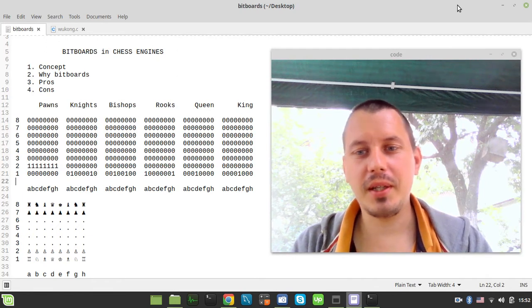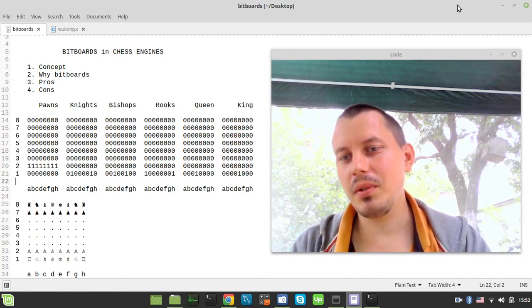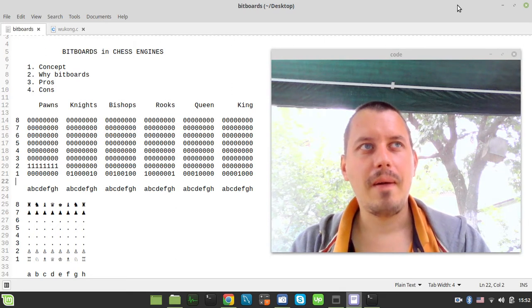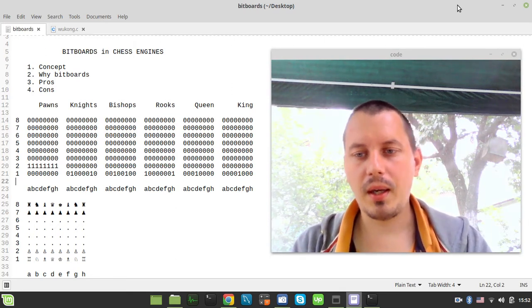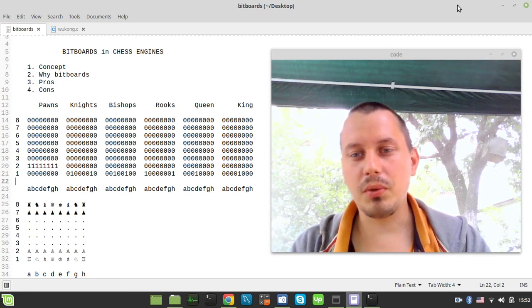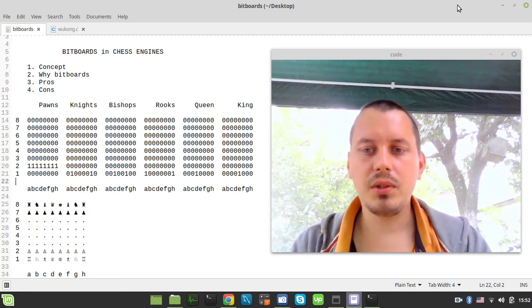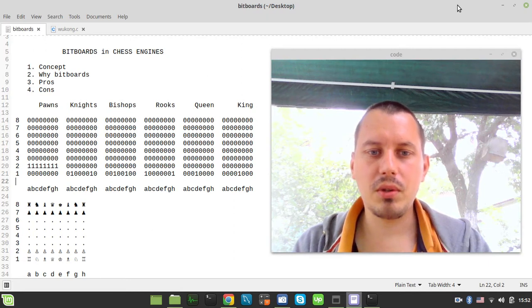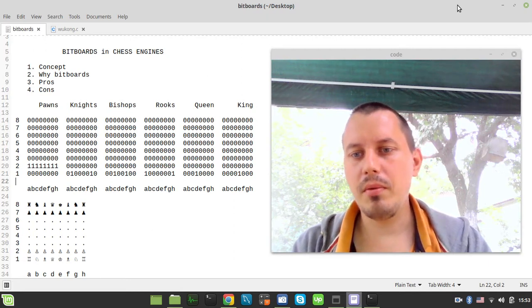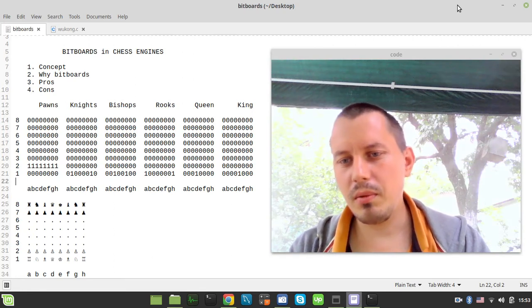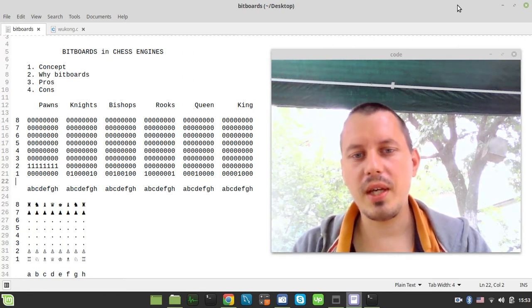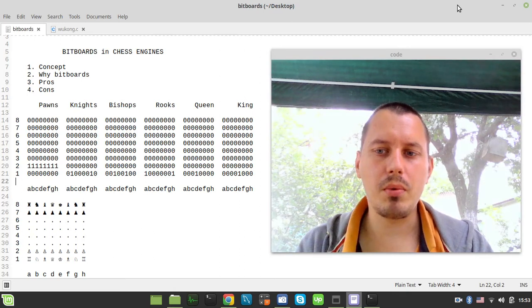So the first thing I did: Blue Fever Software was using a make move function followed by a take back function. First he made a move, and then you just need to take the move back. So he was incrementally updating the board on make move, not only moving the piece but also changing the side to move and doing lots of other stuff, and then doing everything in the reverse order with the take back function.